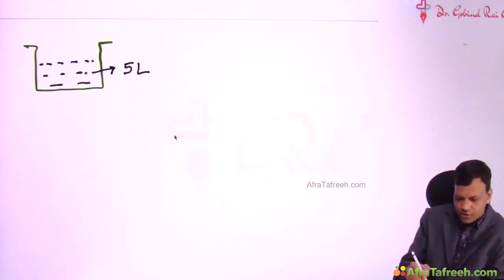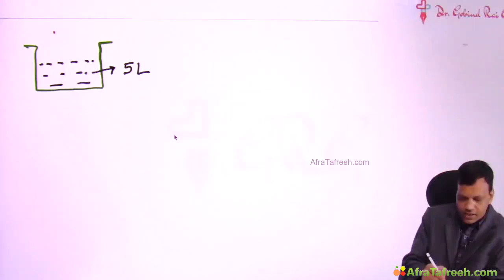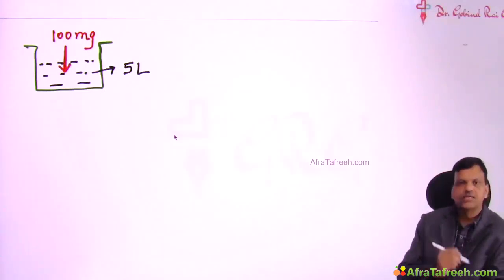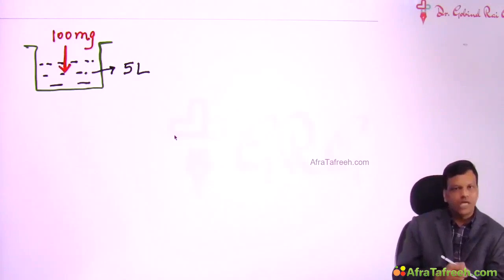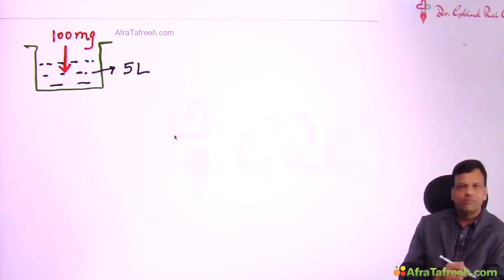Now suppose we dissolve 100 milligram of drug in this beaker. That will be equivalent to giving a 100 milligram dose to a person who has 5 liters of plasma. So if we measure the concentration of drug in water, we can say that is plasma concentration.